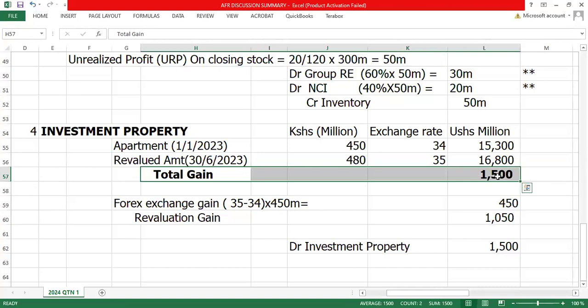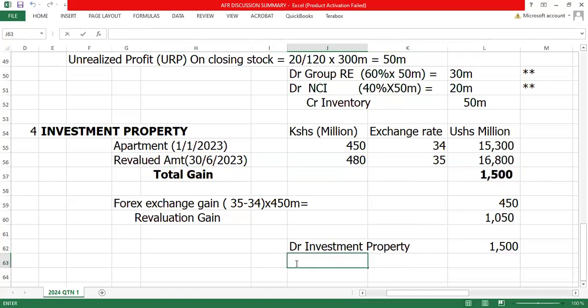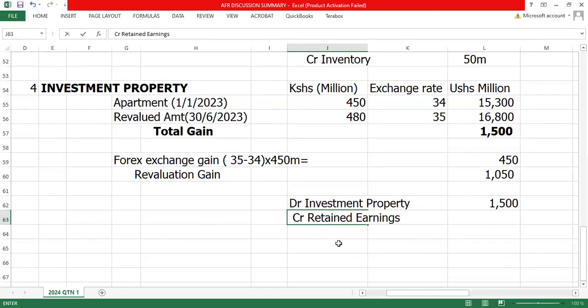Then the difference will come here, what you're crediting. You credit the retained earnings by 450.